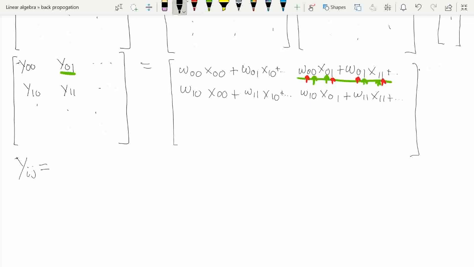So you can see that it's the sum over k of W, and the element which is remaining fixed is the first element.